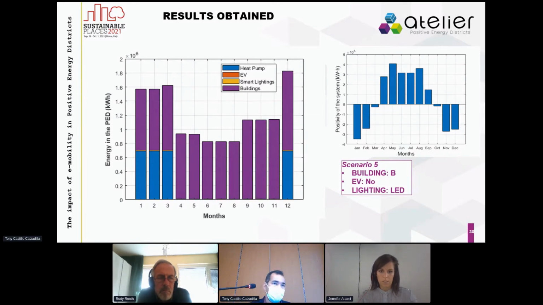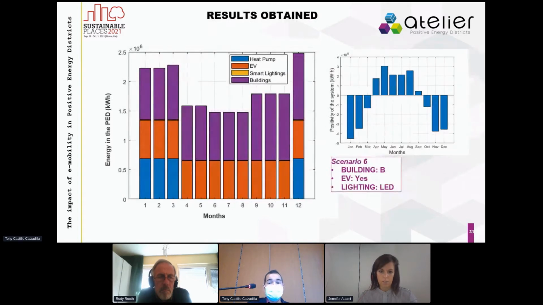Meanwhile, scenario 7 produces energy to attend 150 vehicles outside of the boundary of the PET. So this can be a starting point to maybe establish a new business model and use those extra energy surpluses to be sold.